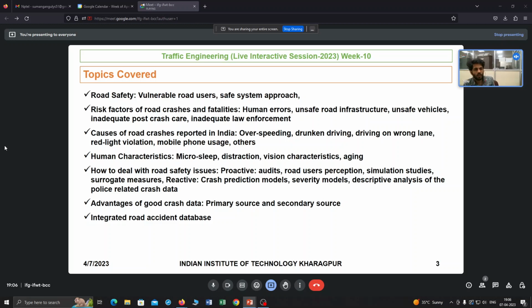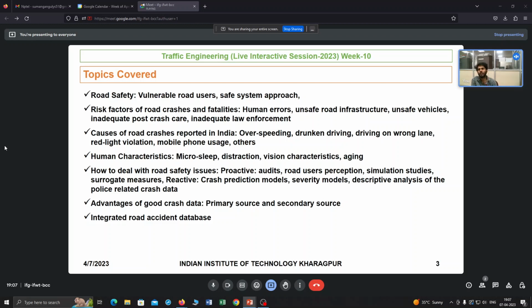Now one pertinent problem, especially in India, is that it may be a problem in developed countries too, but they tend to have a better system than the Indian system. Traditionally, police record where crashes happen, why crashes happen, and so on. Not all crashes are reported. That is the first problem. The second problem is that it is up to the police what they write.